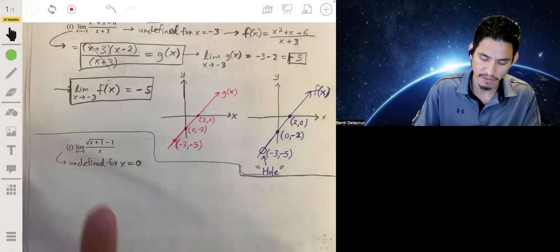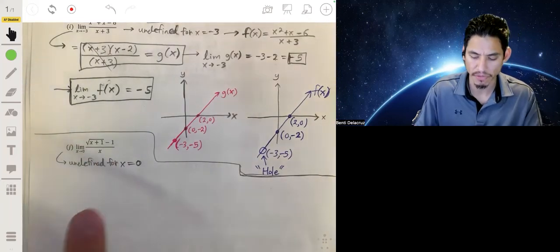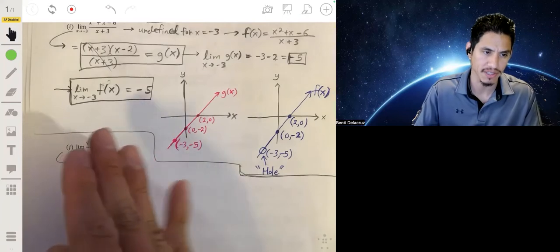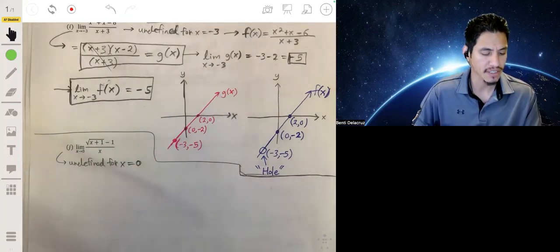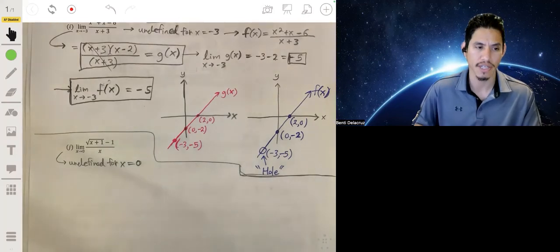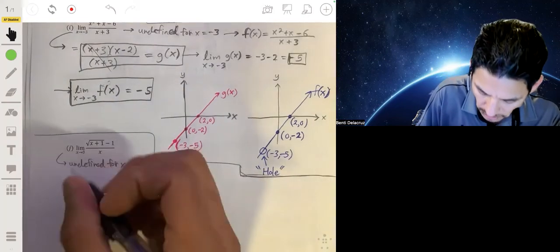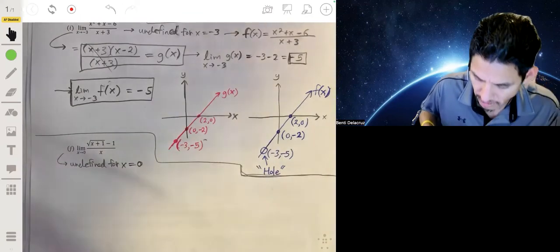Now, here we can't just factor, because you obviously can't factor out an x or a 1 from here. So what we're actually going to do is multiply by the conjugate. Let me write that out, actually.